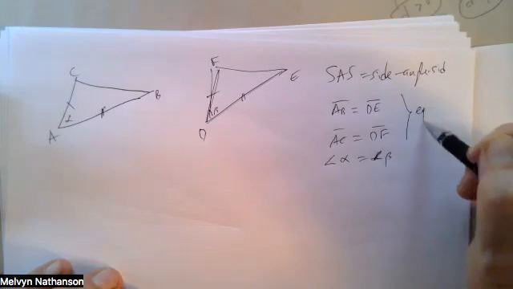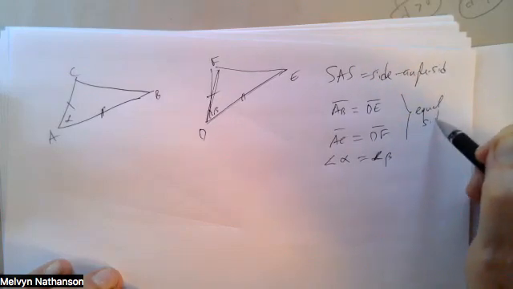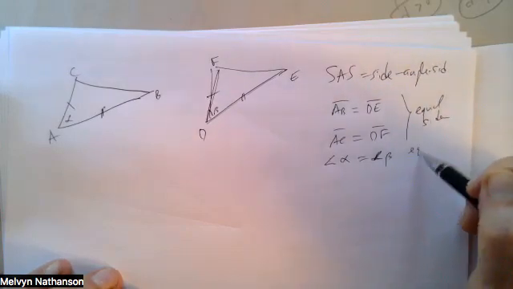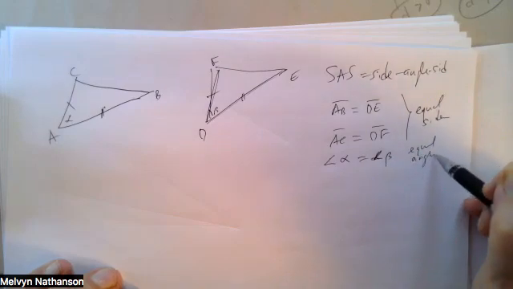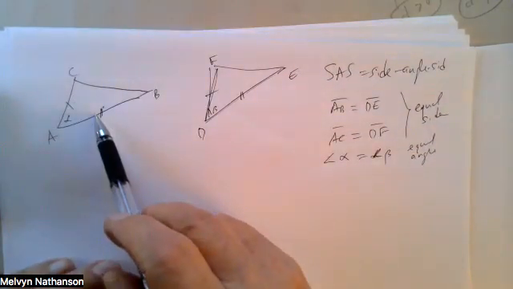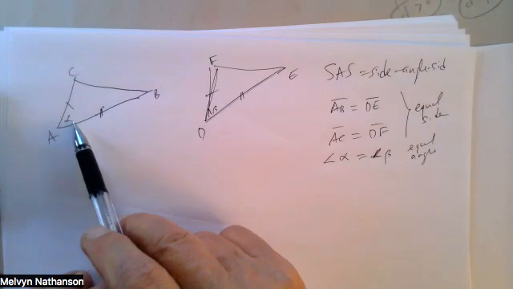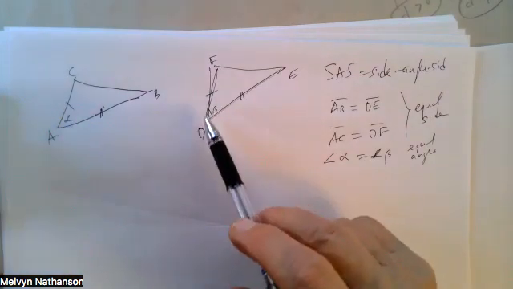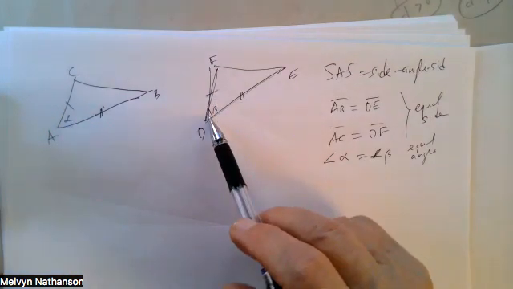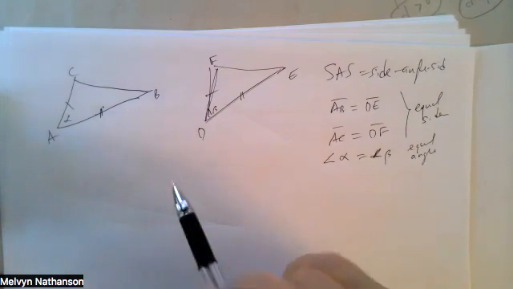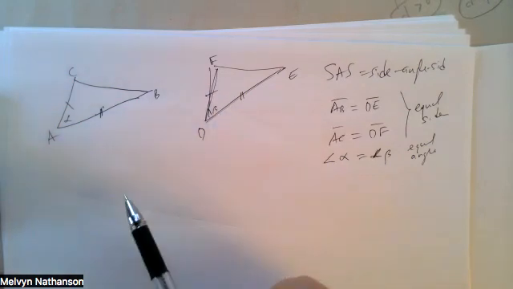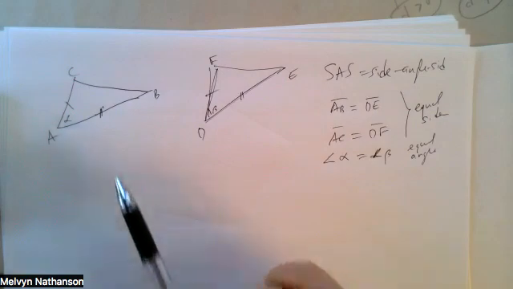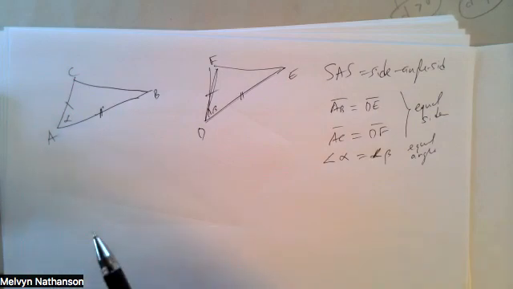So here we have equal sides, and here we have equal angles. So we have two sides and the angle between them of one triangle are equal correspondingly to two sides and the angle between them in the other triangle. So side angle side. If that happens, then the two triangles are congruent.